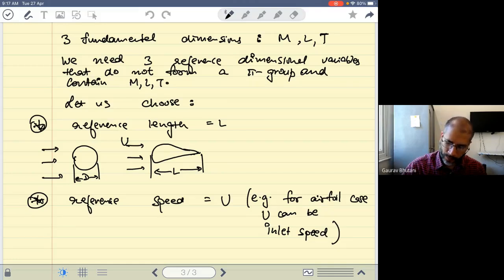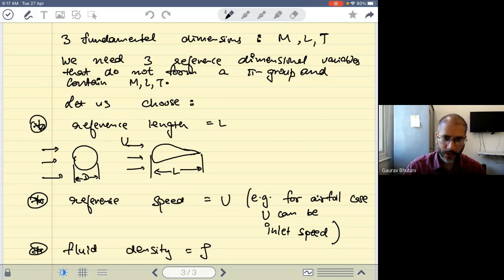And we need one more. So we'll choose density, denoted by rho.